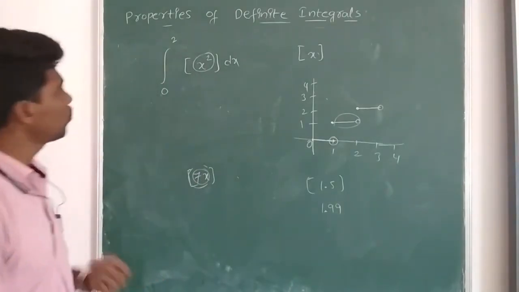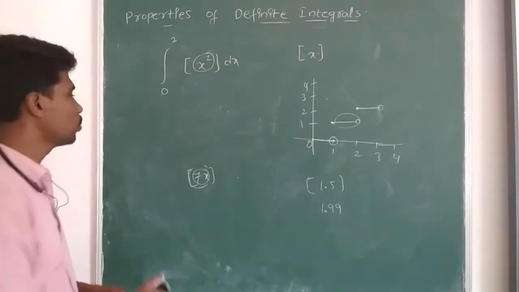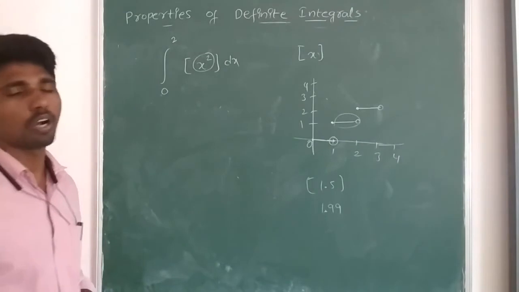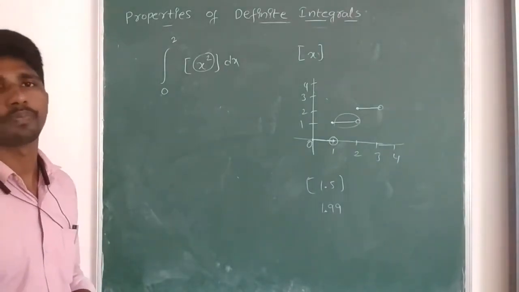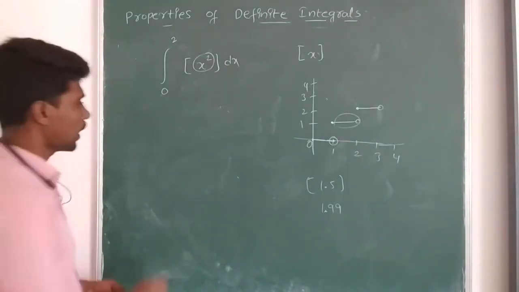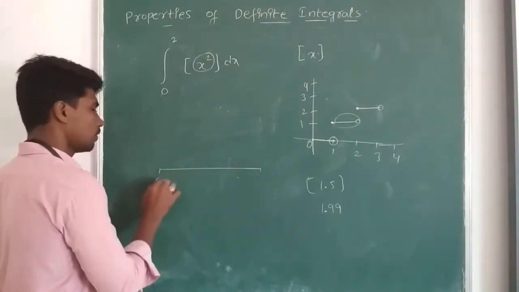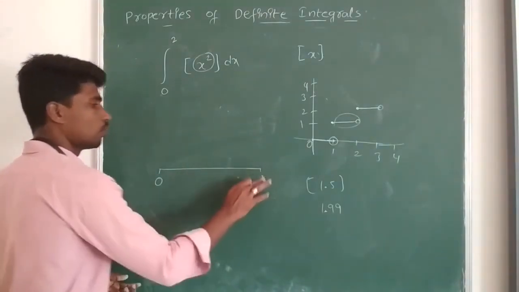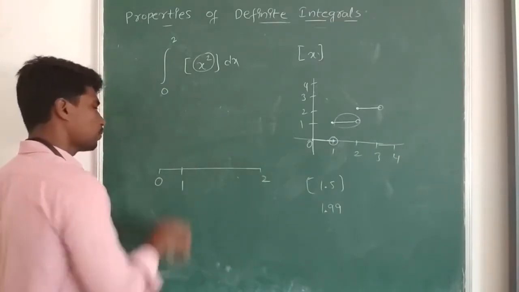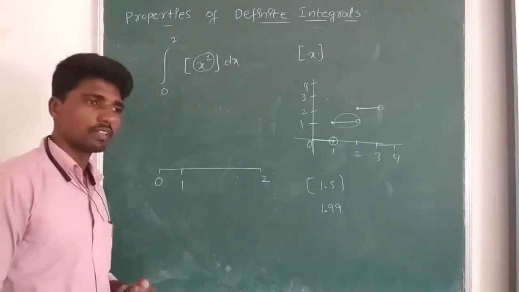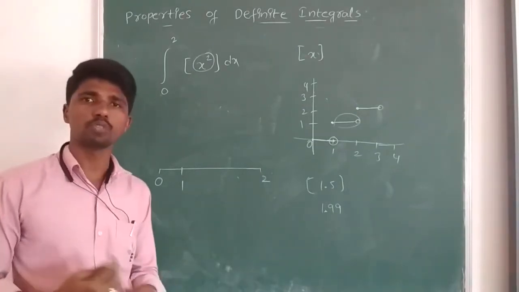From 0 to 2, how many discontinuities do we have? Directly I can take 1 as a discontinuity, the first one. The next one: in between 1 to 2, find the values of square roots.